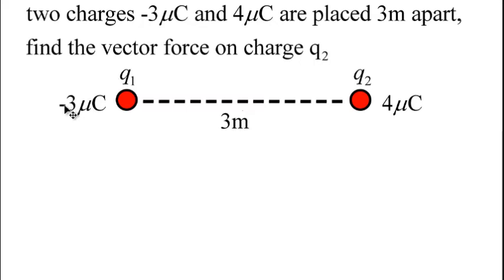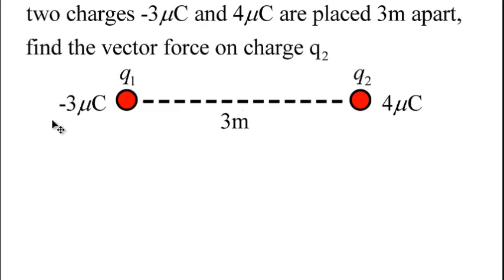Q1 is minus 3 microcoulombs, Q2 is 4 microcoulombs, and we are told to find the vector force on Q2. So Q2 in this question is feeling the force. That's the force on Q2 caused by Q1, which means Q1 is causing the force.